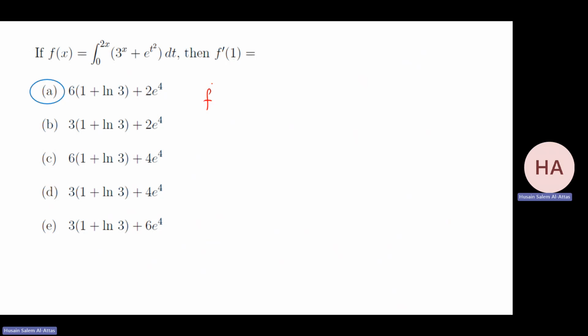F prime at x, that gives me what? 3 to the power 2x plus e. No, wait a minute. Yeah, need to be careful. This is x, not t. So I have integral 0 to x, 3 to the power x dt, plus integral 0 to 2x e^(t squared) dt.